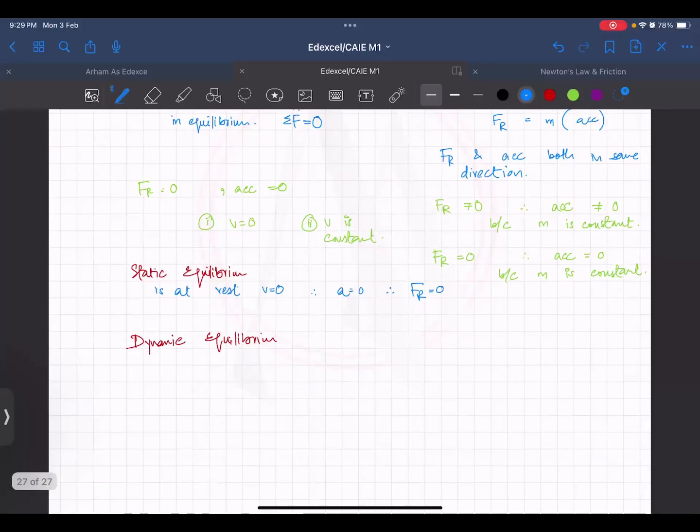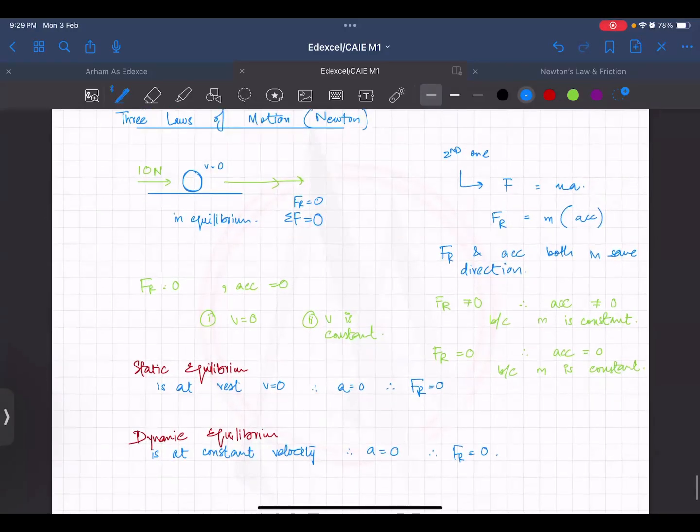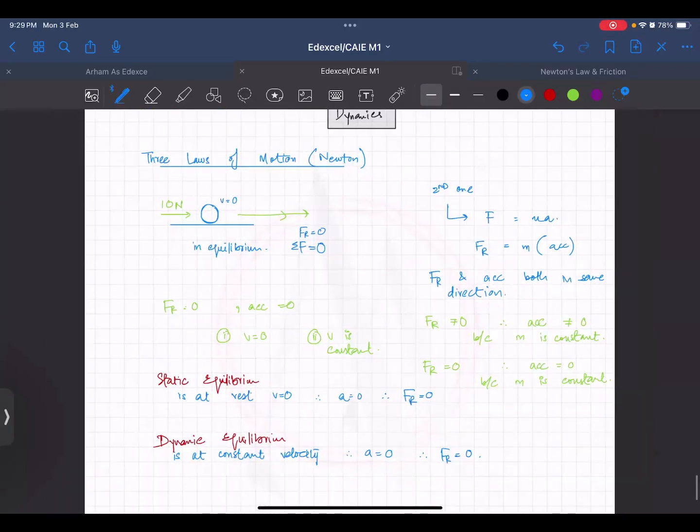Dynamic equilibrium is if your object is at constant velocity. When it is constant velocity, then definitely acceleration is zero, and definitely the resultant force would also be equal to zero. So let's suppose there's a car which is traveling at a constant speed, let's suppose 30 meters per second.